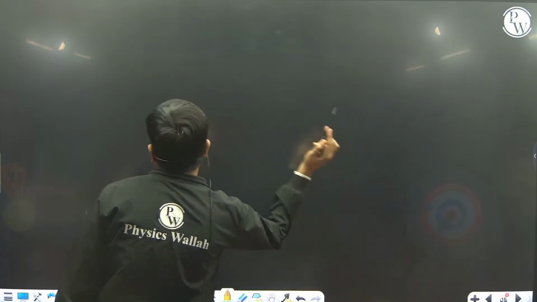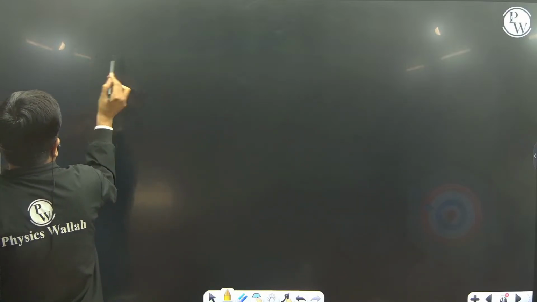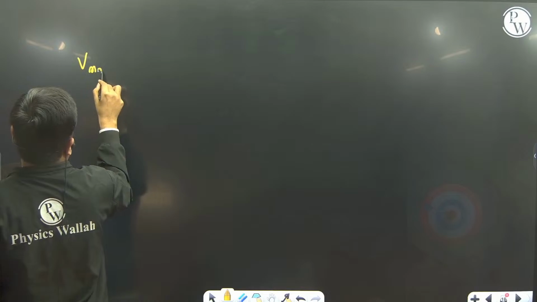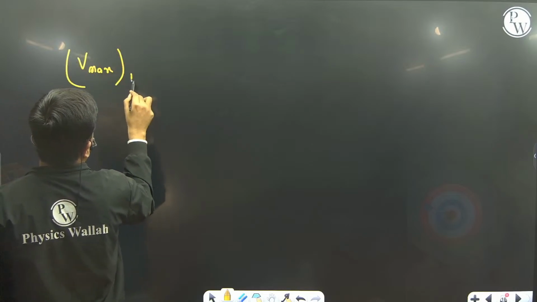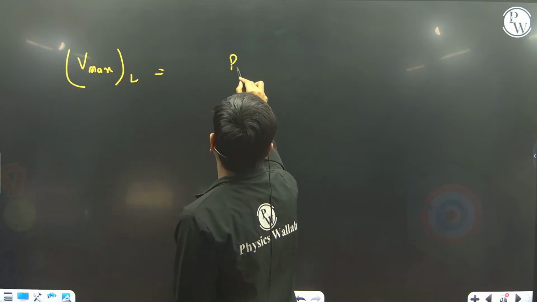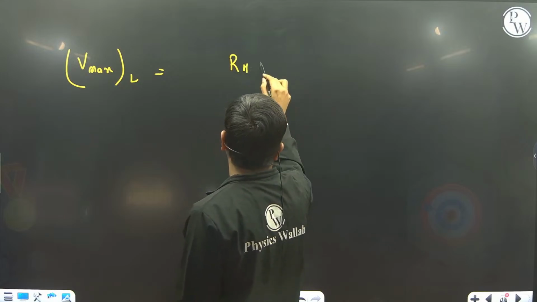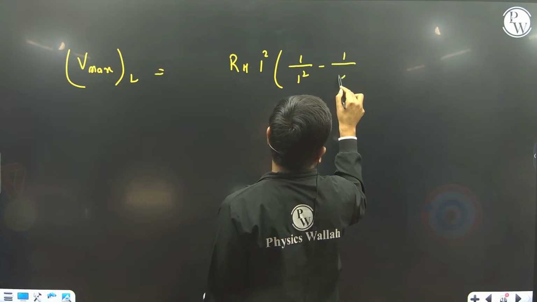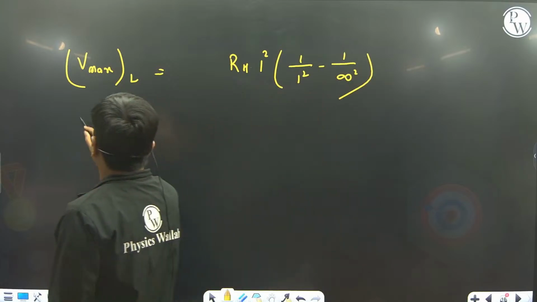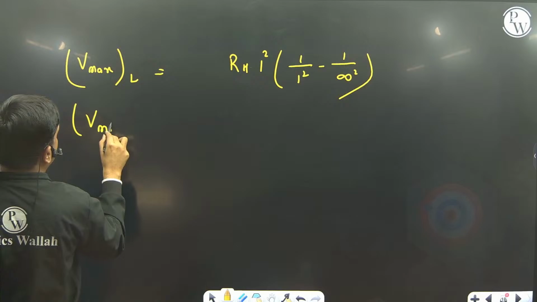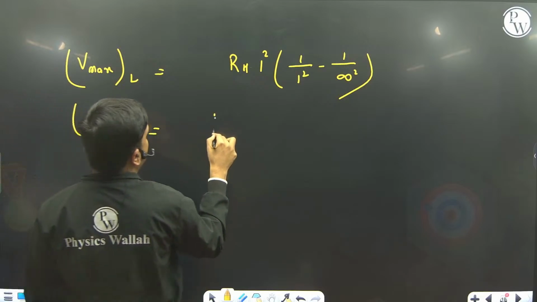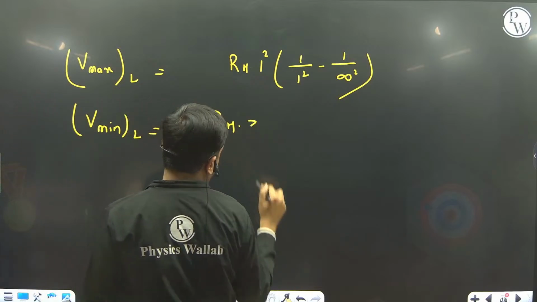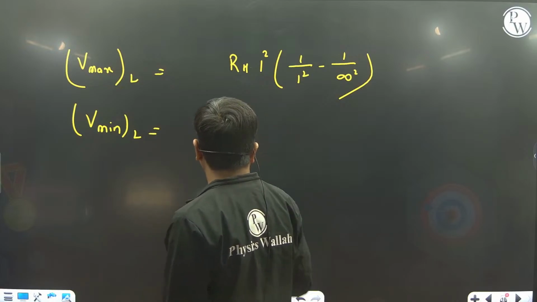Let's try to calculate it. Mu max of Lyman equals RH, atomic hydrogen is there, so 1 square by 1 square minus 1 upon infinity square. Whereas mu min of Lyman will be equal to RH Z square, and this Z is nothing but 1, so 1 square.